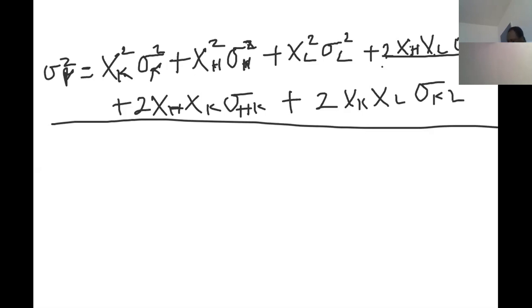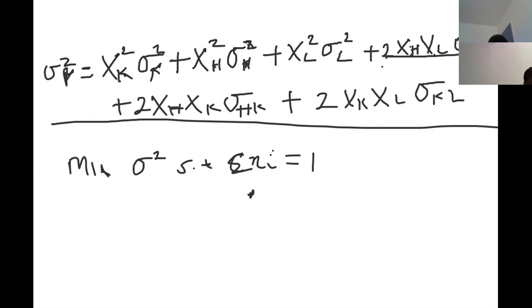To achieve a minimum variance portfolio, the question is always: minimize the variance subject to the summation of your weights x equals 1, and the mean of the portfolio equals the summation of x_i multiplied by the return on i.